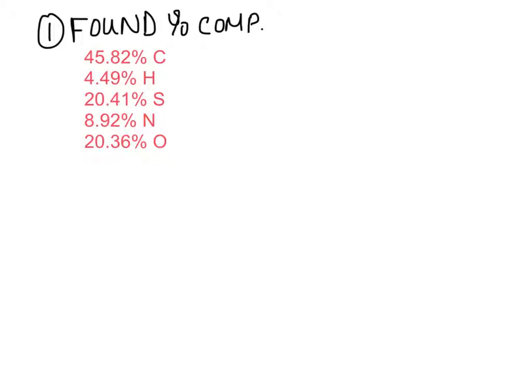So step 1 was find our percent composition of the compound, and you did that. Now, it's just a straight up empirical formula problem from percent composition that you already know how to do. So step 2, assume 100 grams of the compound.